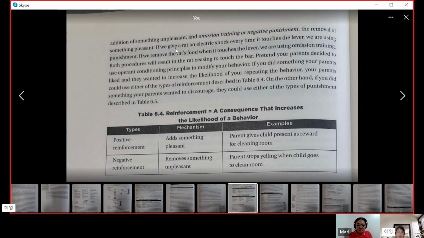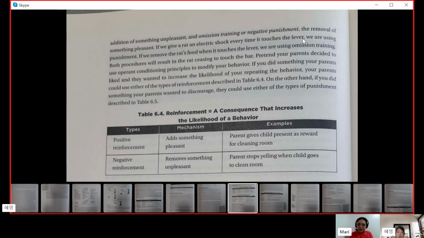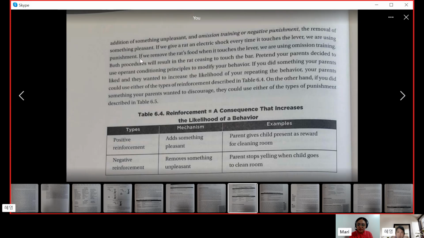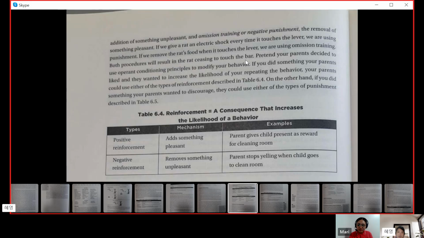If we give a rat an electric shock every time it touches the lever, we are using punishment. If we remove the rat's food when it touches the lever, we are using omission training. Both procedures will result in the rat ceasing to touch the bar.